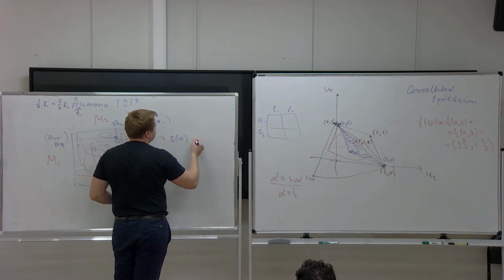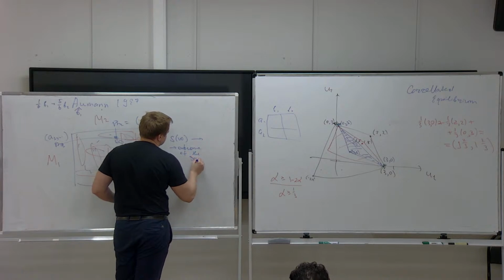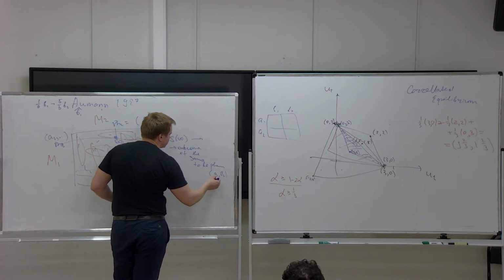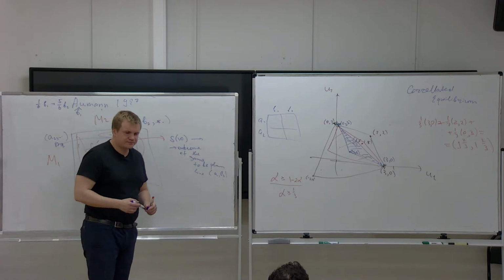It tells me the outcome of the game to be played. For example, A1 and B2, something like A1, B2, and so on.